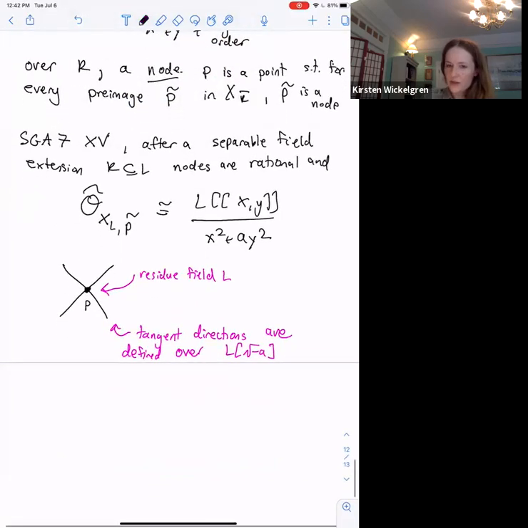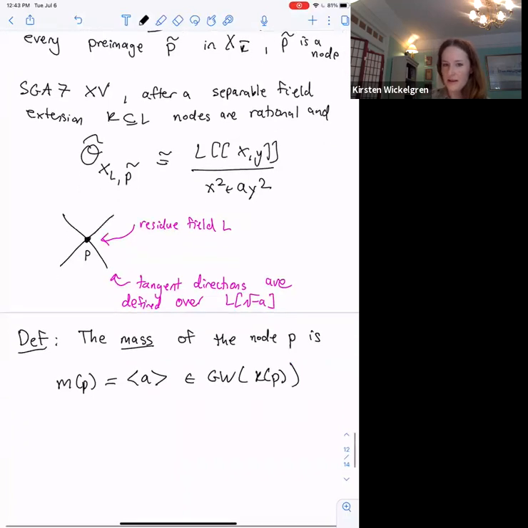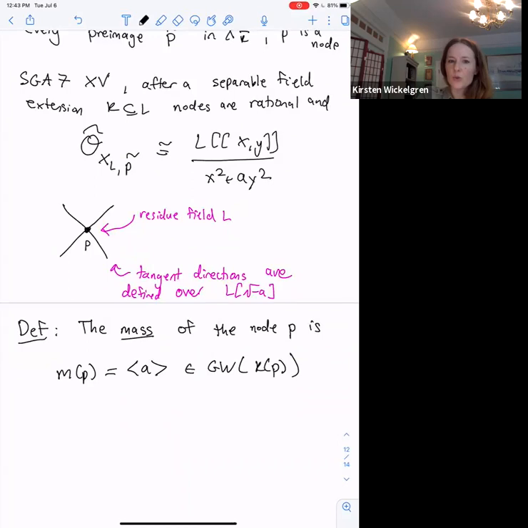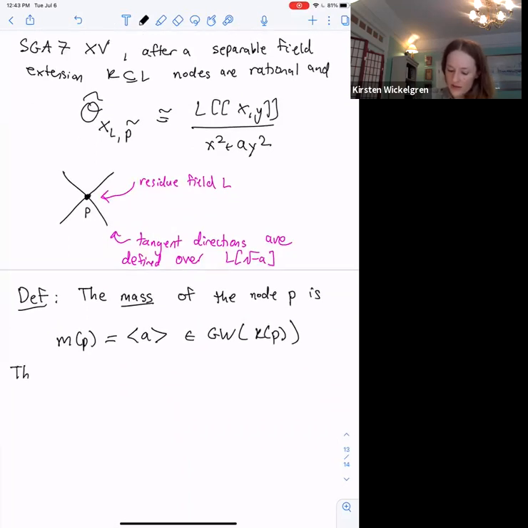That quadratic extension is well defined. We'll define the mass of the node P to be A in the Grothendieck-Witt group of the residue field, which above was L. So K of P is the residue field.